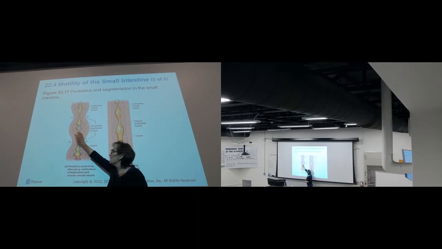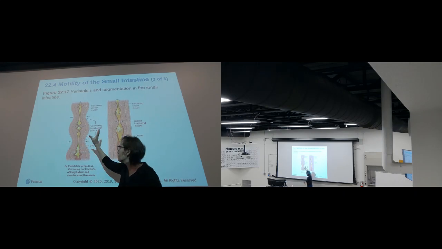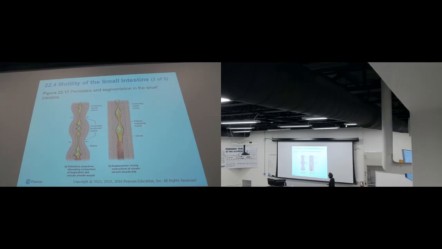But at the same time, don't think that this one is going to be left like that. This one is going to also be compressed and made into a thin film so that you can have better digestion. So this peristalsis is called propulsive, while this one is going to be called segmentation.